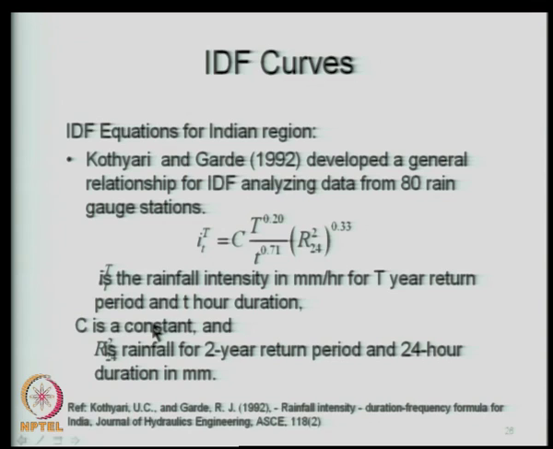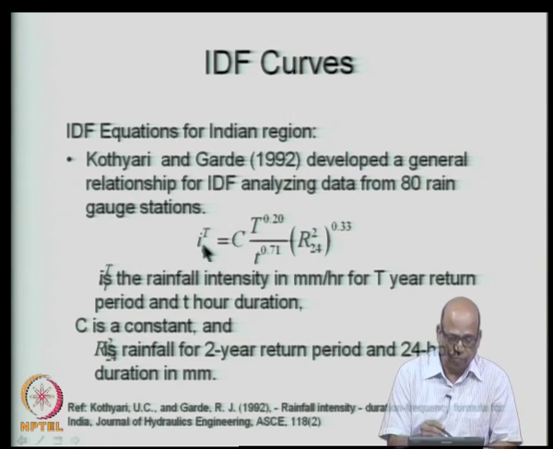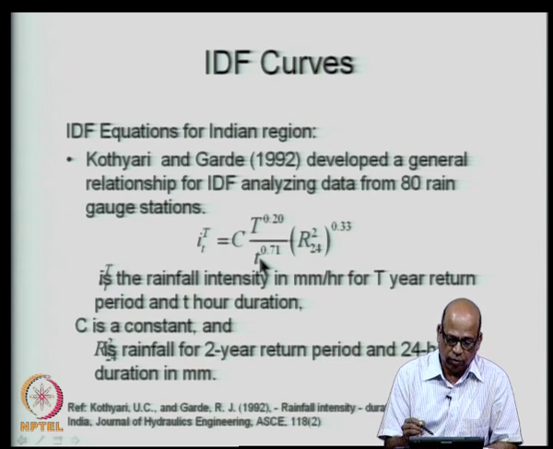Similarly, more recently Kothyari and Garde have developed another general relationship. I would encourage all of you to have a look at this particular paper. This is the most recent one, and they have done an extensive study of 80 rain gauge stations, and then they arrive at such a relationship: intensity corresponding to a return period of capital T for a duration of small t is equal to C, which is a constant, capital T which is the return period and small t which is the duration, R 24/2.